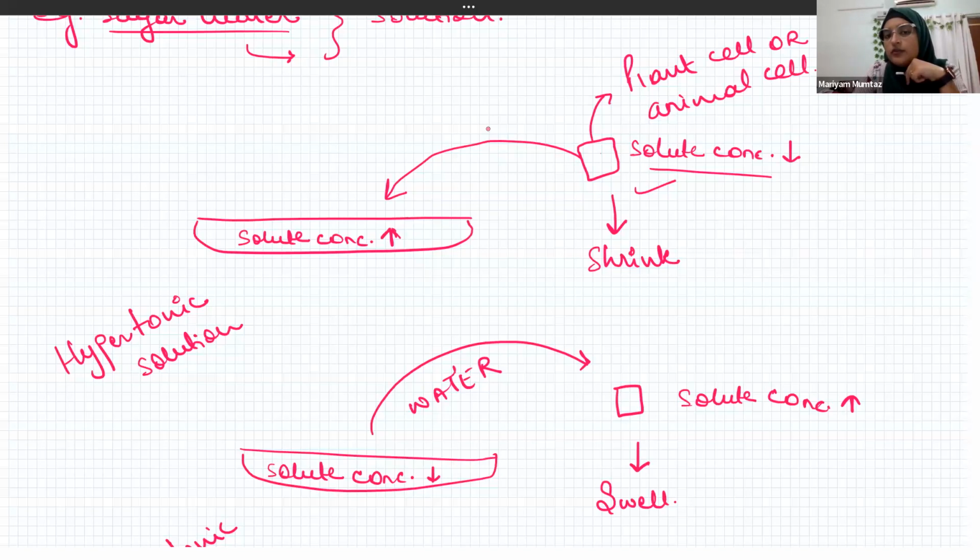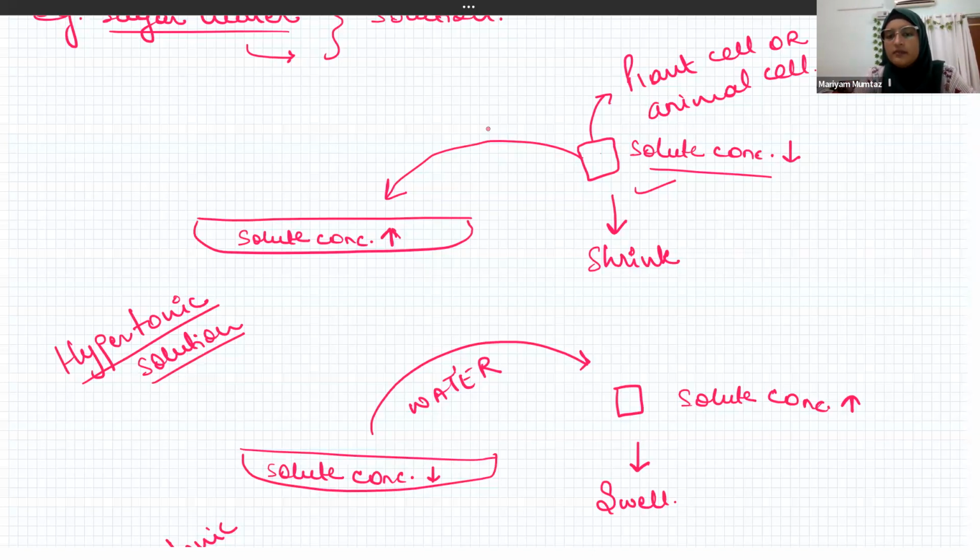So the water will move from the plant cell to the external environment. And since water is moving out, the cell will shrink. And this whole thing is a hypertonic solution.